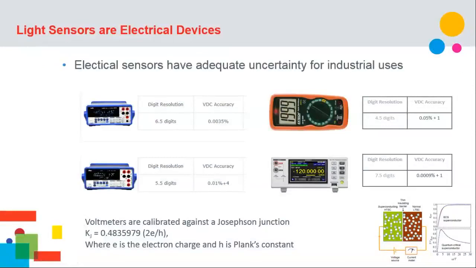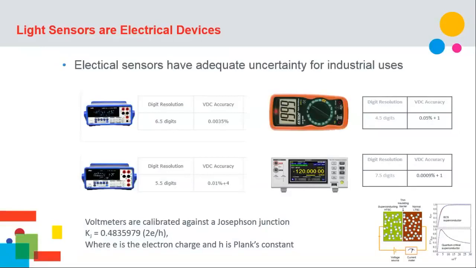Its accuracy is 0.05% plus or minus 1 digit. The one next to it on the left is considered a high resolution voltmeter. That's 6.5 digits, 0.0035% accuracy. Below that is a medium resolution one, 5.5 digits, 0.01% plus 4 digits.